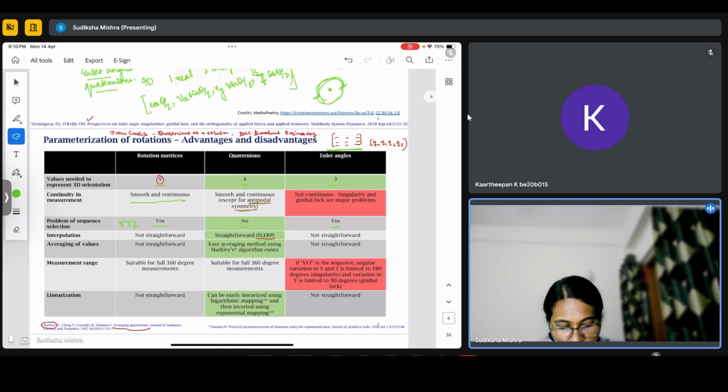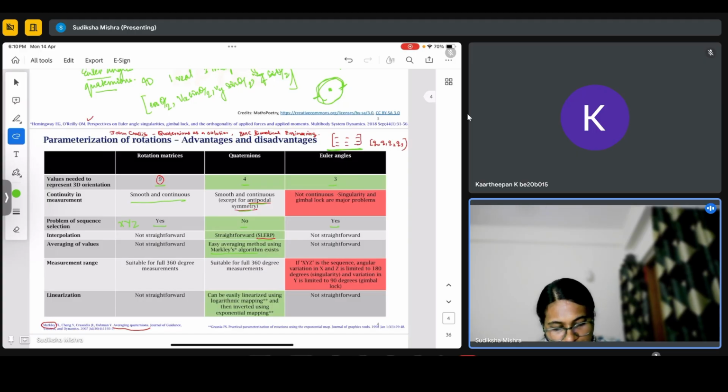And again, averaging is not straightforward in the case of rotation matrices and Euler angles. For quaternions, there is something known as Markley's algorithm, which lets you calculate the average by taking the highest eigenvalue for all the eigenvectors that you have. So you get an average of sorts in the case of quaternions, whereas you don't get it for the other methods.